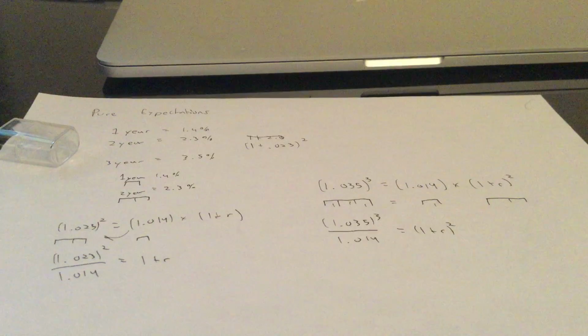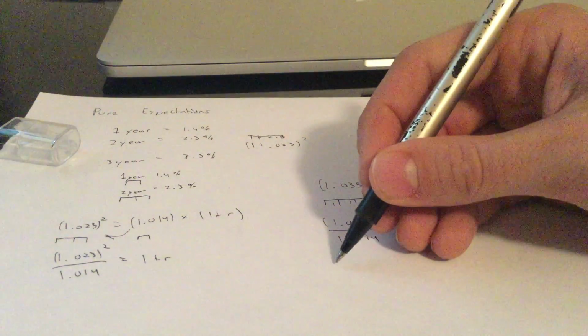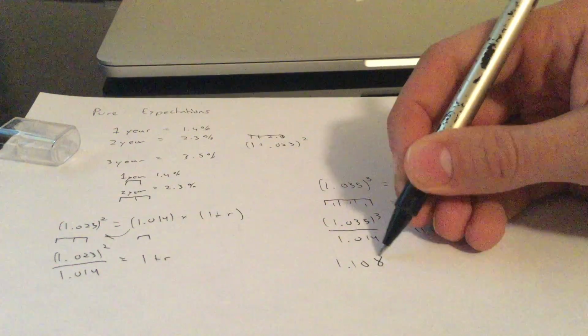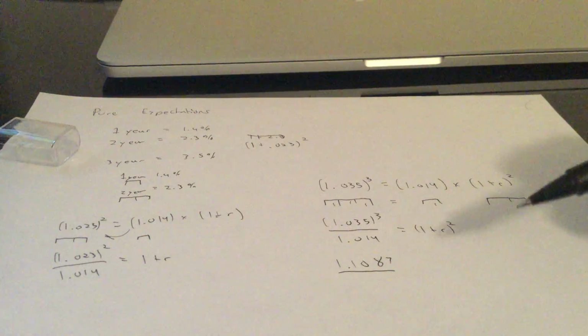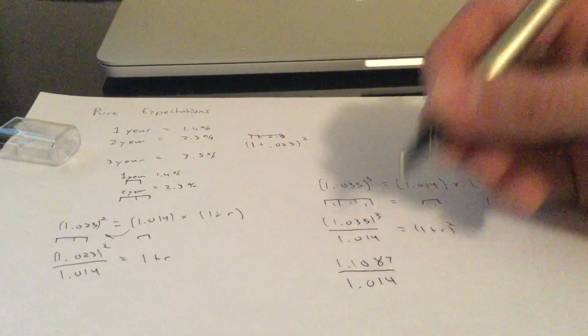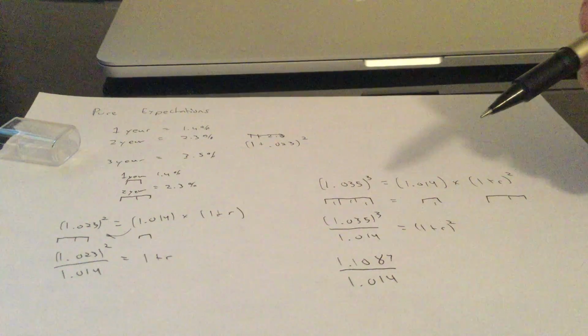1.035 cubed is equal to 1.1087. Now I'm writing this down like this, but I'm never letting this stuff leave my calculator because I've only got my calculator showing the 4 points, so I'm not sure if things are a little bit further past that.